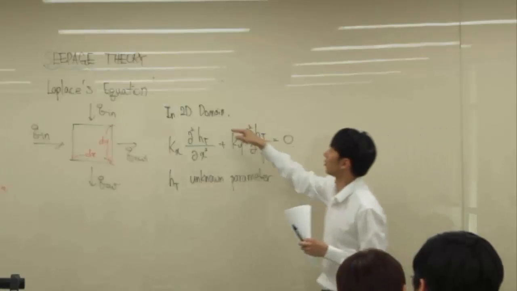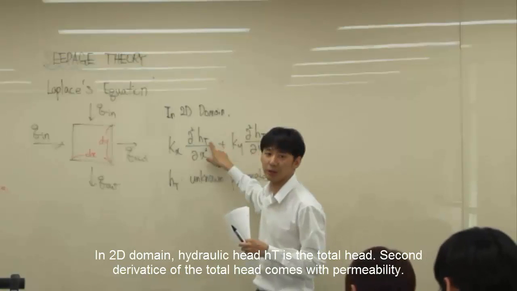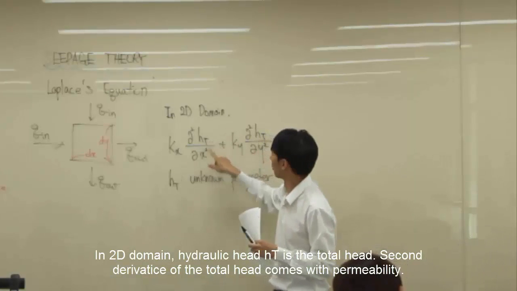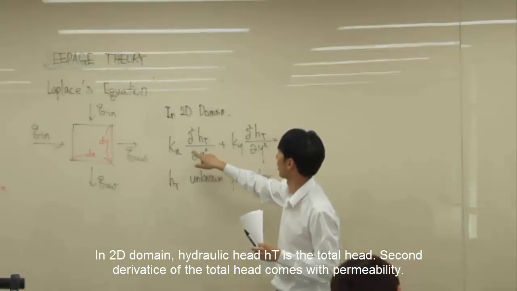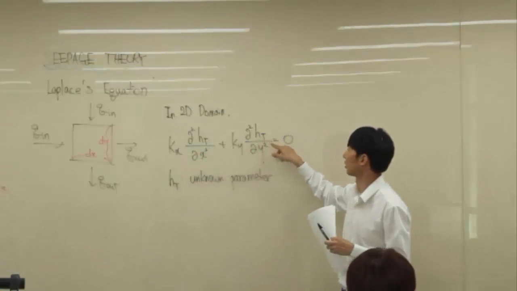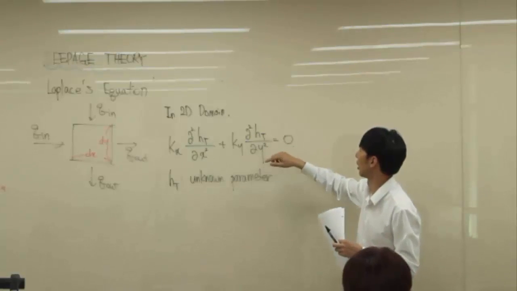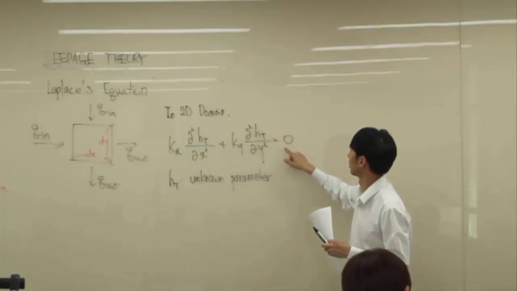In the 2D domain, HT is the total head, and the second derivative of total head with respect to x times the permeability Kx, plus Ky times the second derivative with respect to y, is equal to 0. So this is the Laplace equation.